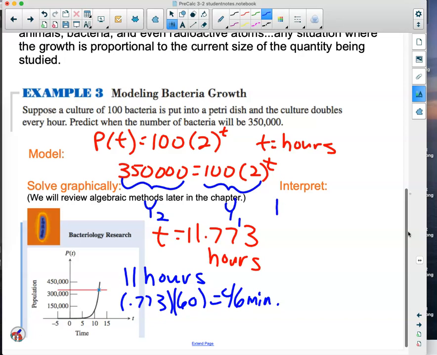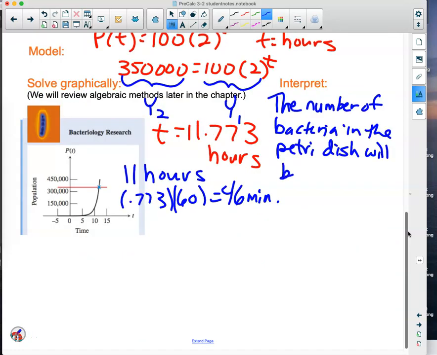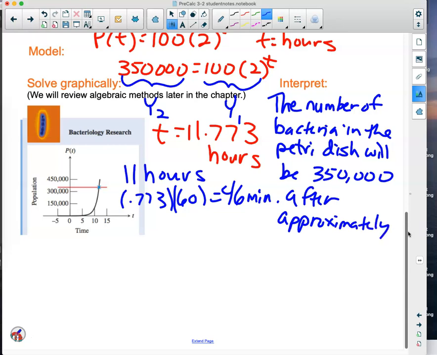And it would be the number of bacteria in the Petri dish will be 350,000 after approximately 11 hours and 46 minutes.